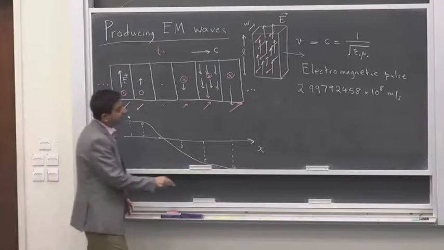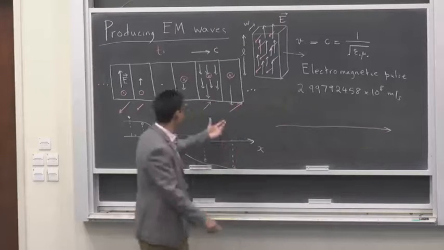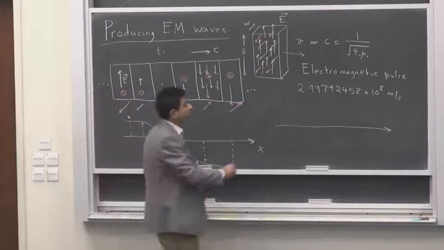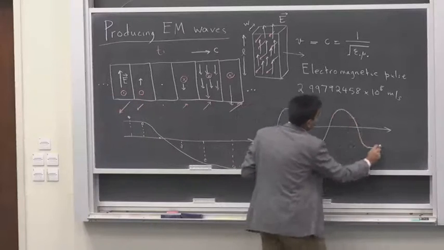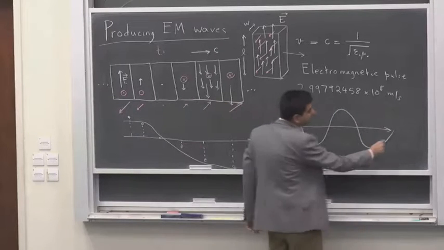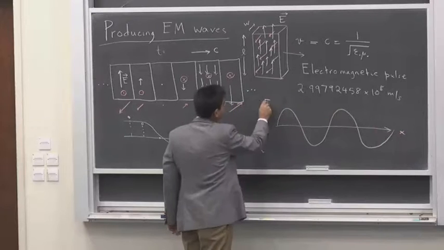If I make the scale finer, which means I make the slab smaller and smaller, then I get a wave in which the electric field has an oscillatory amplitude. This is my position variable, and this is the magnitude of the electric field.